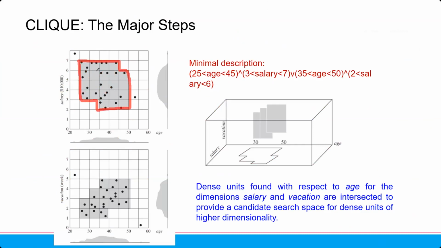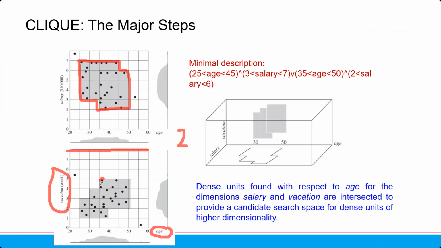Now, I would like to put another kind of clusters based on the vacation and age. So I plot again the data, and then let's say I have the density equals to 2.